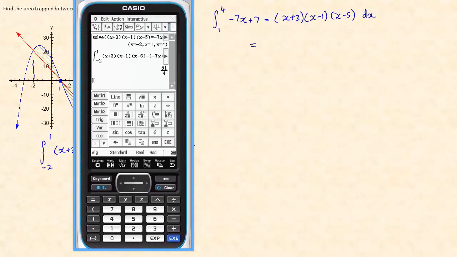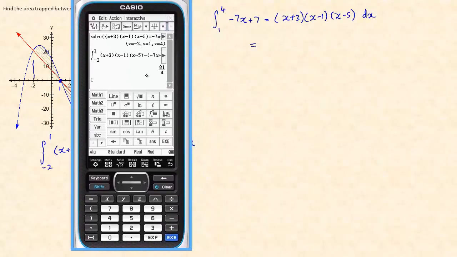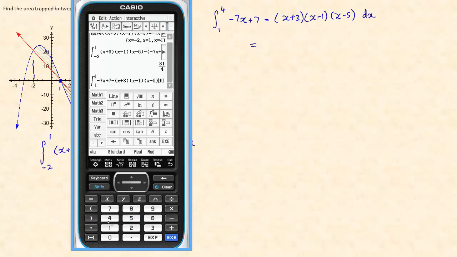Now if we come to the next one, we're doing it the other way around, and we're going from 1 to 4 where the line is above the curve. So that's going to give us -7x + 7 take away the other function, (x + 3)(x - 1)(x - 5), and of course that needs to be dx as well.